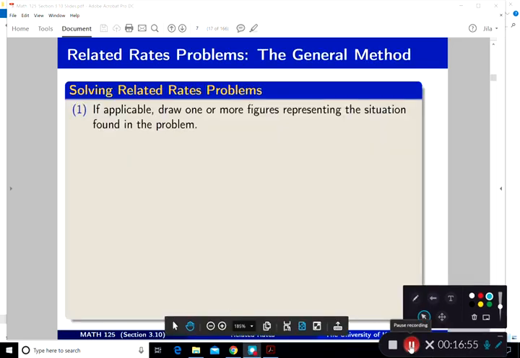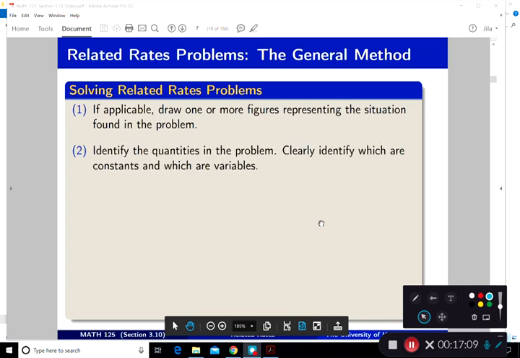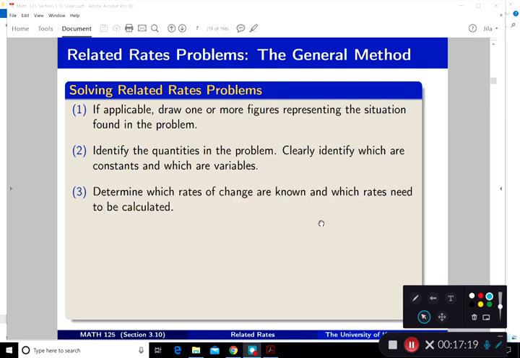So what we've seen so far in solving related rate problems: first, if it's applicable, we should draw one or more figures representing the situation. Then we want to identify the quantities in the problem and figure out which ones are constant and which ones are variables, and which rate of change is known and which is asked for, like in the problem that we just did.